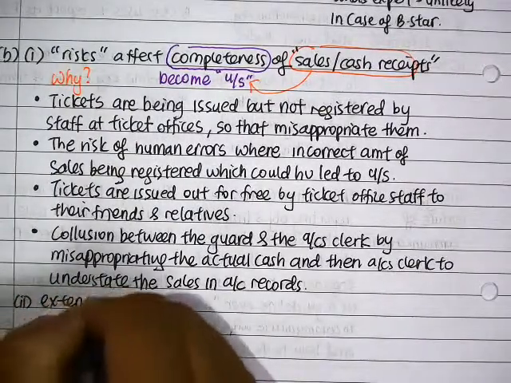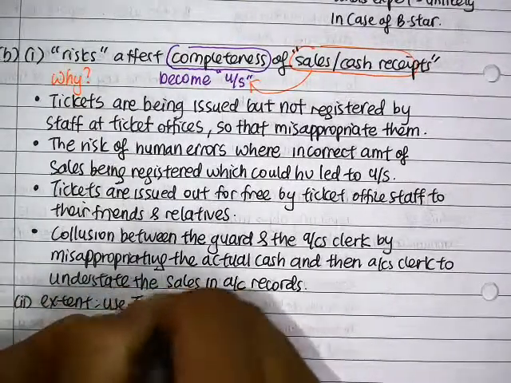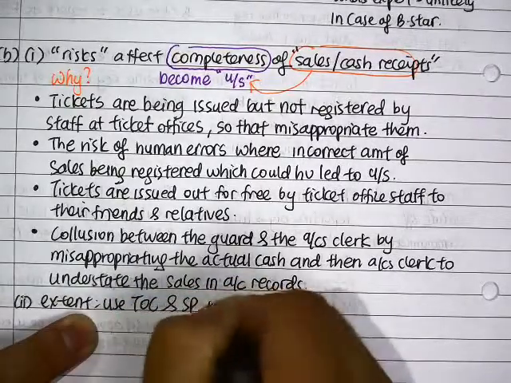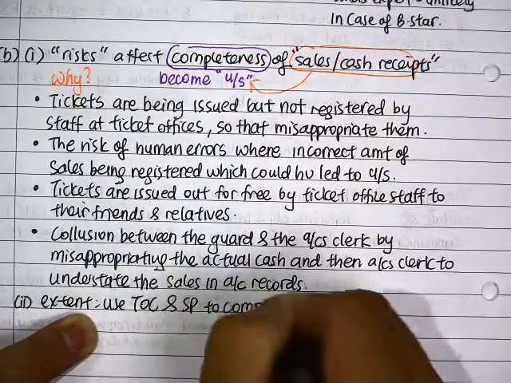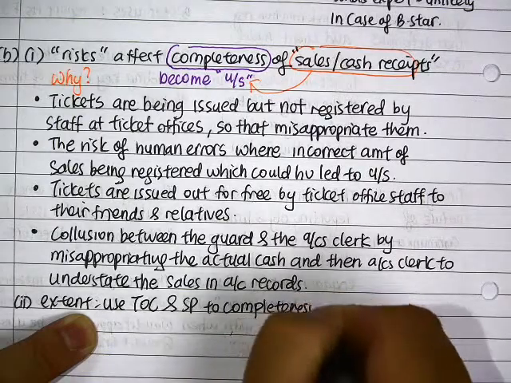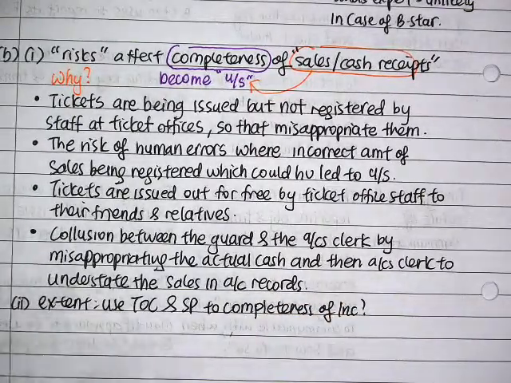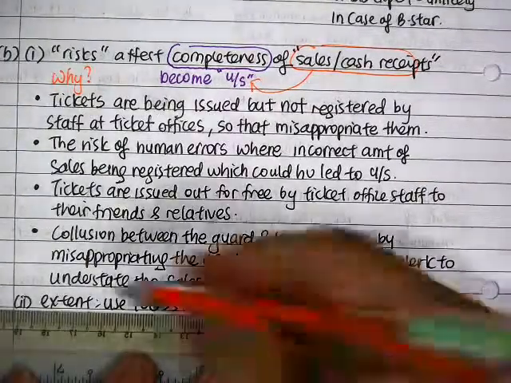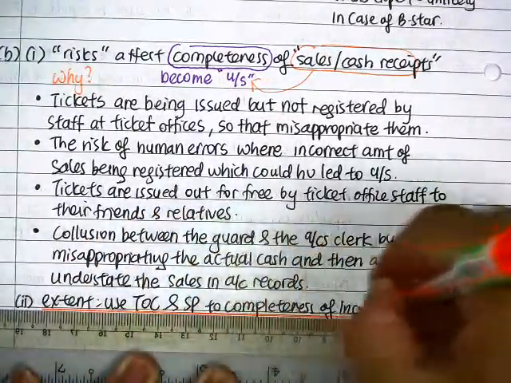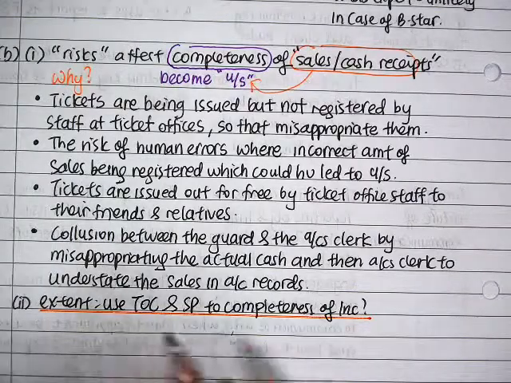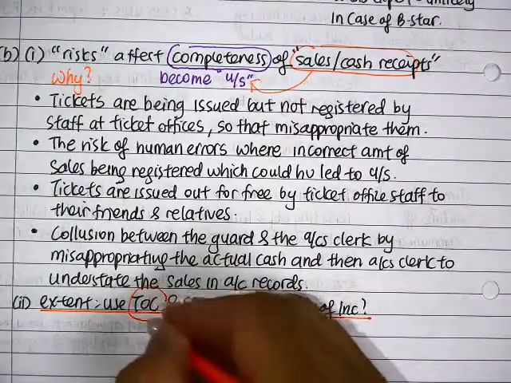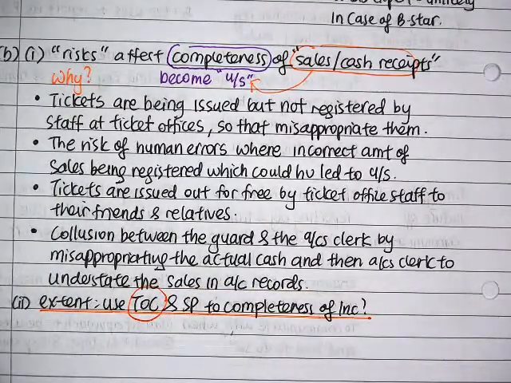To what extent can you use TOC and SP to confirm completeness of your income. Now really what they're asking us is two things all together. Now you think and see, to what extent can you use test of control.